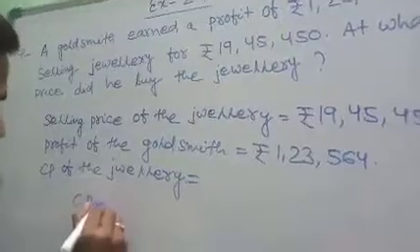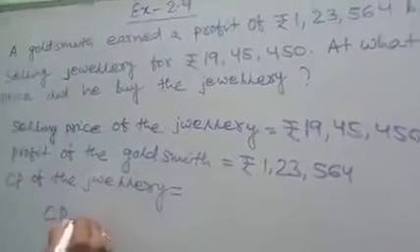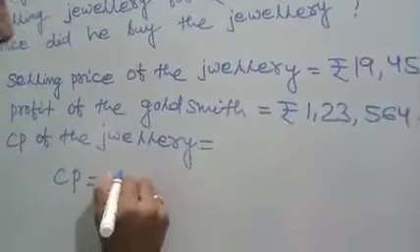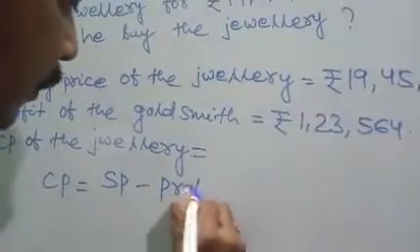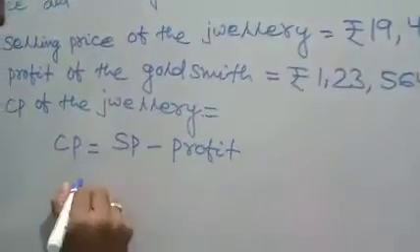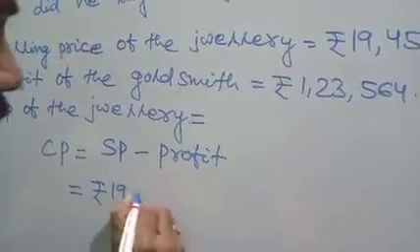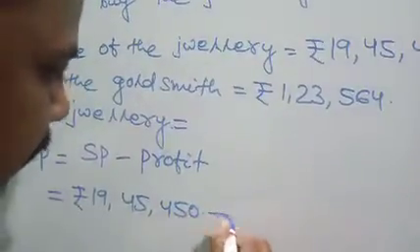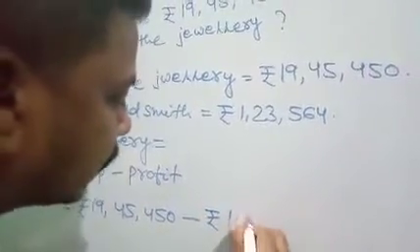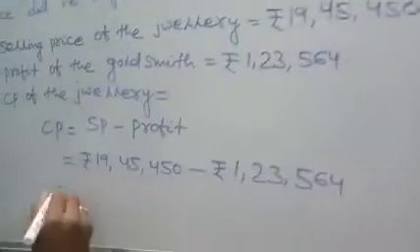If SP is given and profit is given, then the formula for CP will be what? Yes, SP minus profit. Now put the value for SP, 19,45,450, minus the value for profit, 1,23,564.